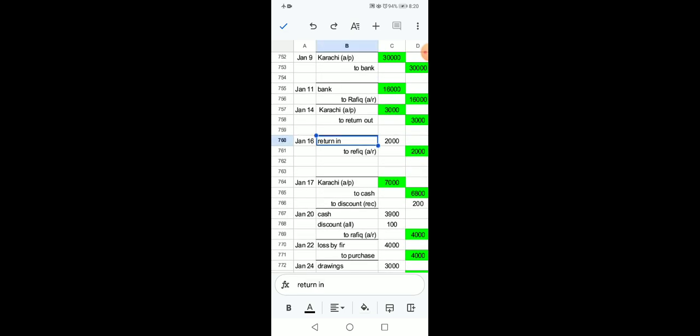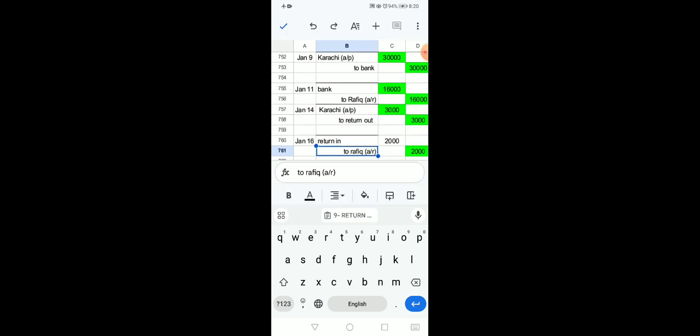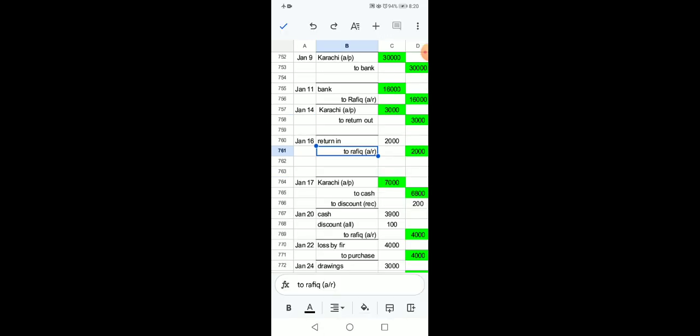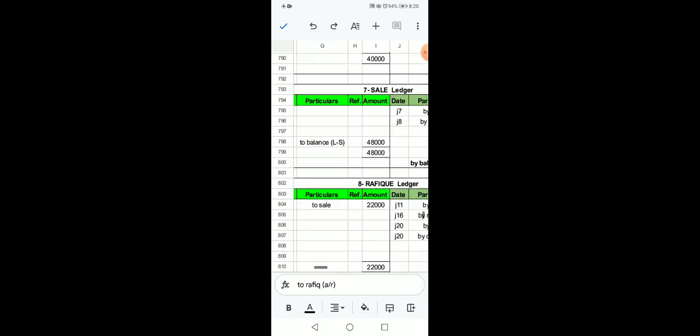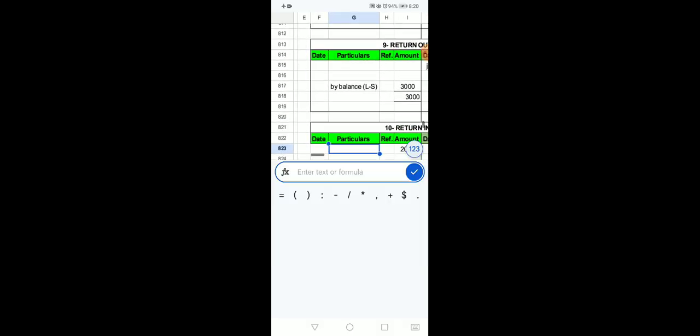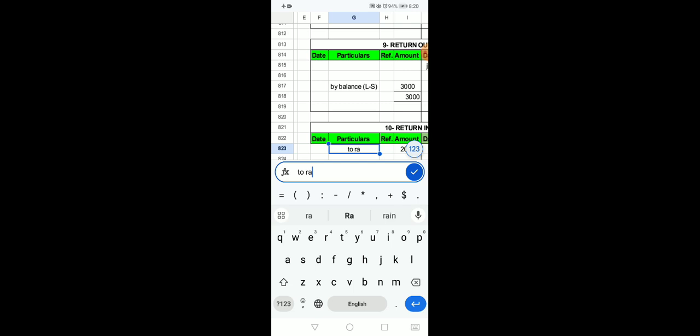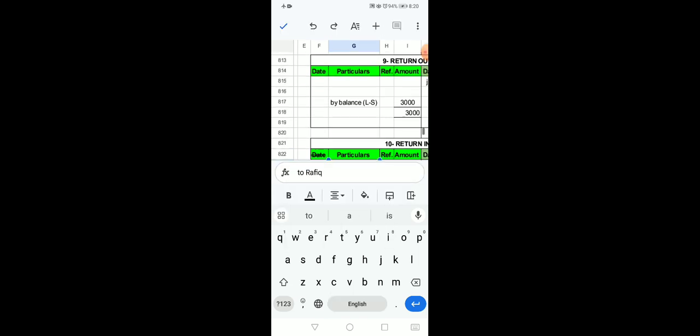Here you have return in. What is written on the opposite side? It's Rafiq. Let's correct the spellings. So we have Rafiq over here, which is reference. So we'll go to our ledger and we'll write Rafiq in particular column as a reference.